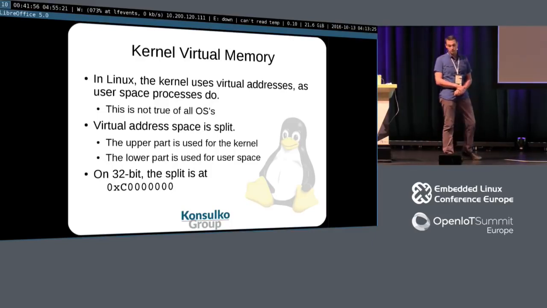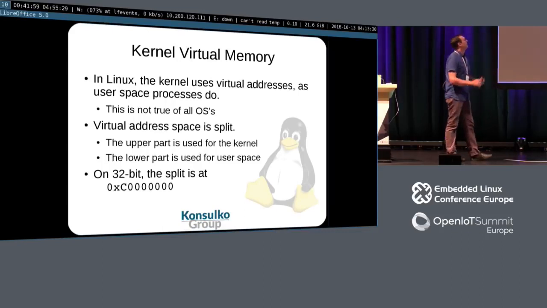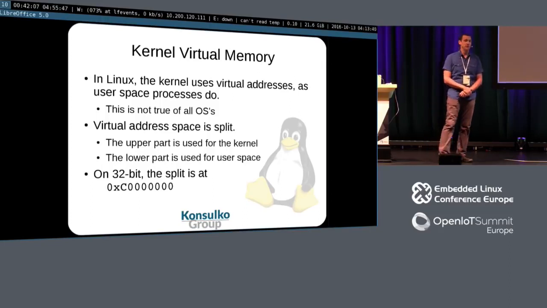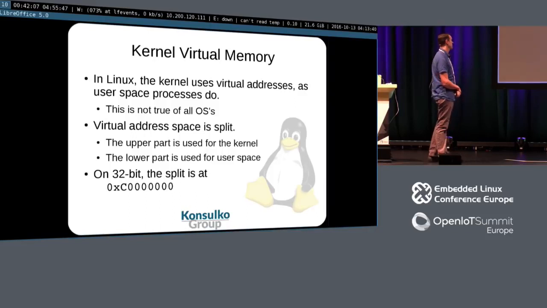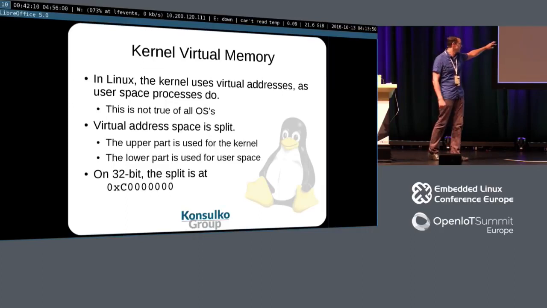So we use virtual addresses both in the kernel and user space. But the way that we use them, how things are mapped, is quite a bit different. So in the kernel, we use them obviously, but we have this split in how we treat our virtual addresses. The upper part of our virtual memory map is for the kernel, and the lower part for user space.